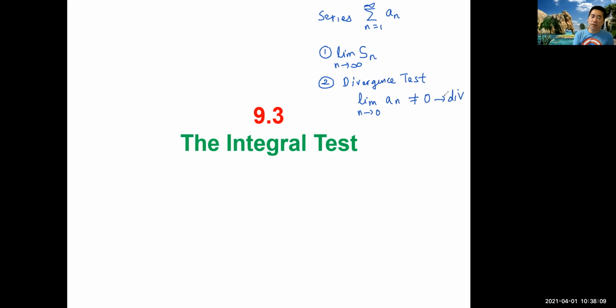And then we have another special type of series called the geometric series. If we have a geometric series, then we have a way to determine whether it converges or diverges, based on the common ratio, R. And then the fourth one is the telescoping series.